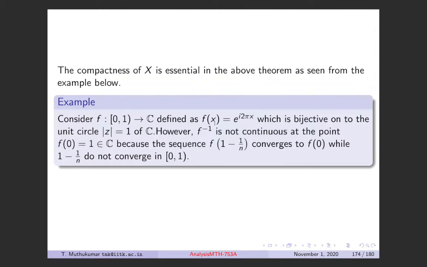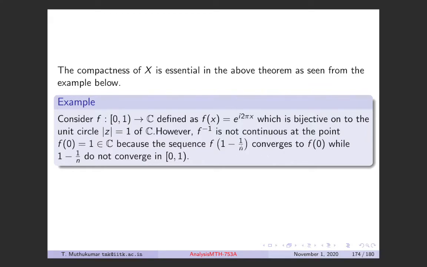If you look at this f inverse map, which is defined because f is injective, it's actually bijective, right? So you have f inverse. This f inverse is not continuous at the point 1. Why is it not continuous at the point 1? Because if you look at the sequence 1 minus 1 over n in this interval, the image of that on the circle converges to f of 0, and this is because f is continuous.